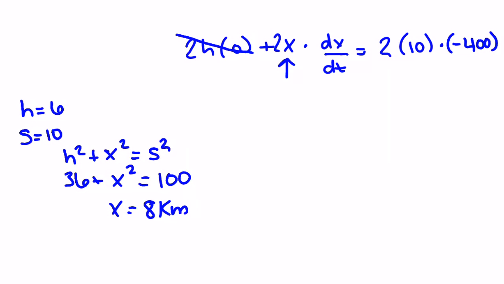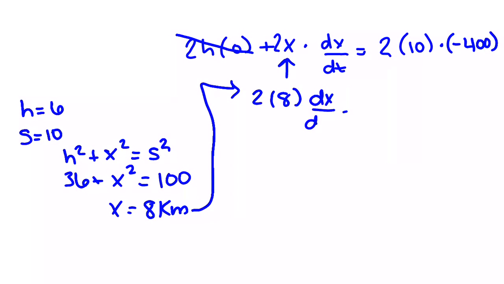So we can plug that into this other equation. We have 2 times 8 dx over dt equals 20 times negative 400, which is negative 8,000.